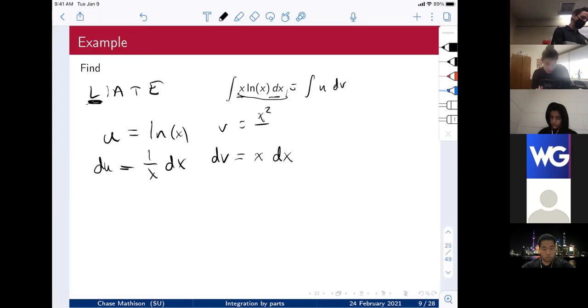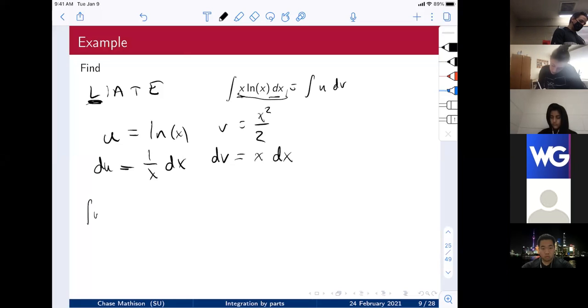Remember, you're just taking an indefinite integral to get v. Now you might ask, do I have to add the C here if I'm taking an indefinite integral? The answer is no, you don't have to, and most people don't. It actually wouldn't be wrong to put it there, but you don't have to add the constant, as long as you add the constant at the very end of one of these problems.